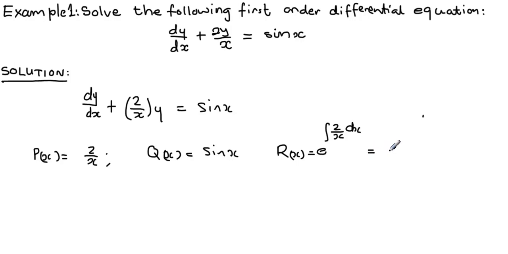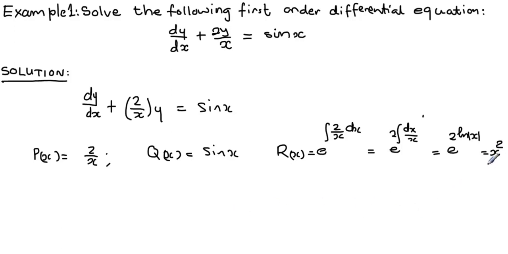We write that as e to the power 2 times the integral of dx over x. And we all know that this gives us e to the power 2 ln x. Simplifying that, we get x squared.